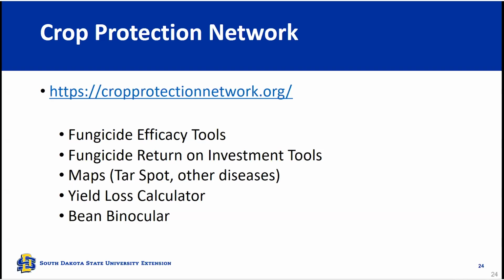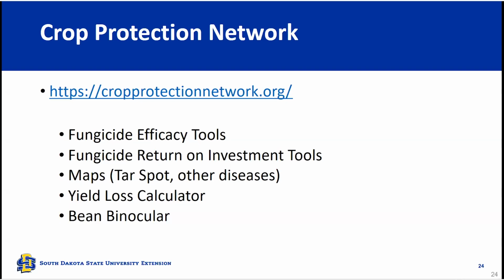The maps and information that I'm going to show and talk about are found on the Crop Protection Network. This will show some of the corn information, but you can also find soybean, wheat, and a lot of other crop information on there. They have very good fungicide efficacy tools and return on investment tools.